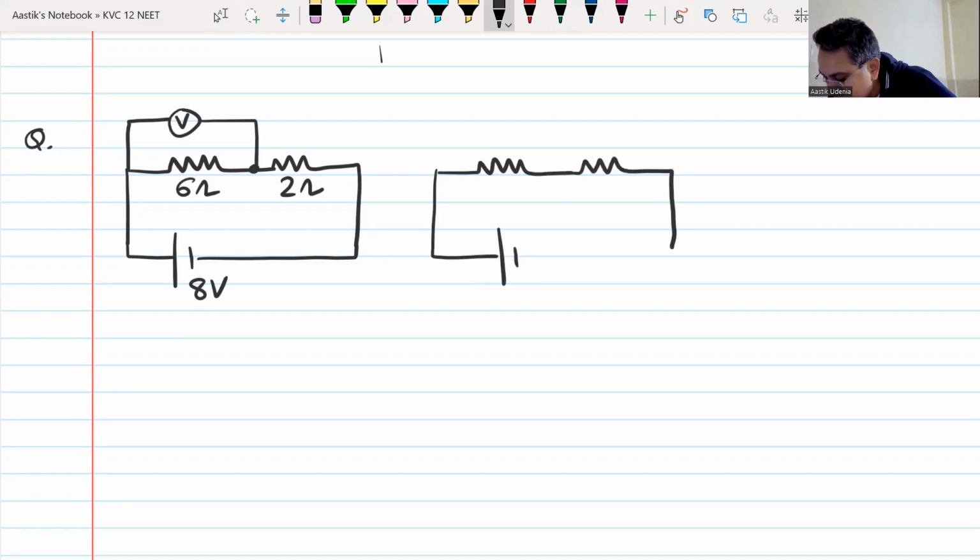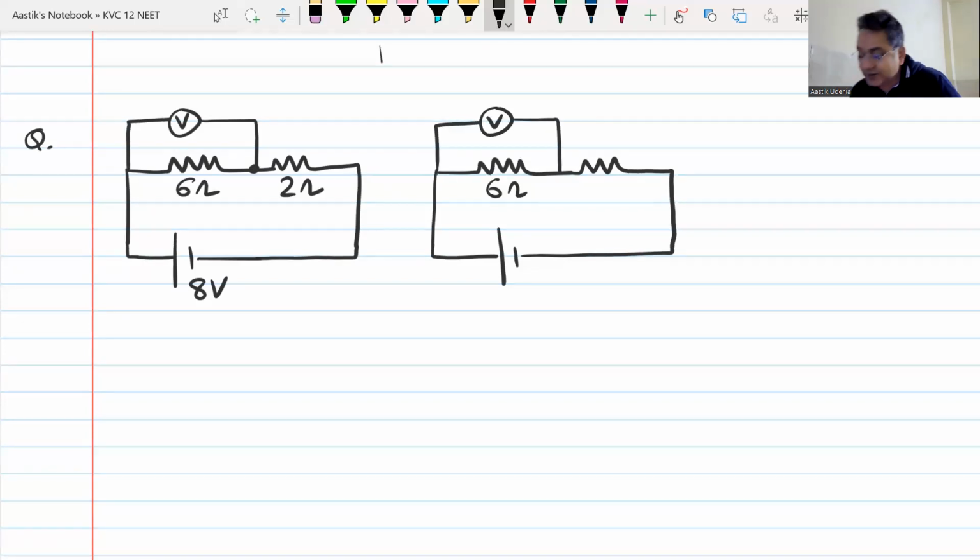Do not feel that these are very difficult circuits. These are very simple circuits. On the left hand side circuit, what I have is an ideal voltmeter. So its resistance is infinite. Here we have a voltmeter whose resistance is given as 3 ohms, which is obviously not infinite.